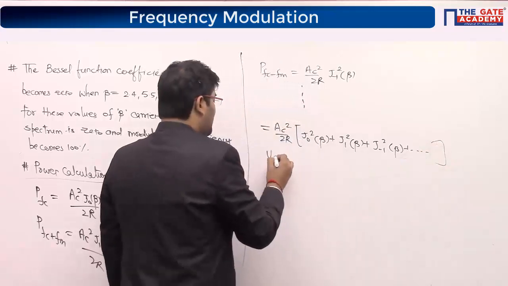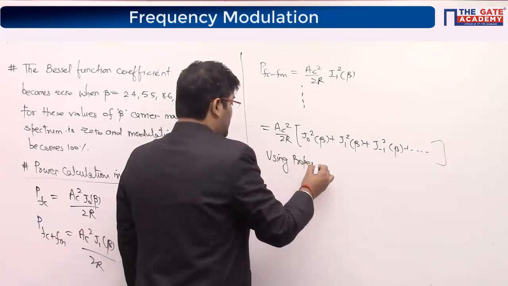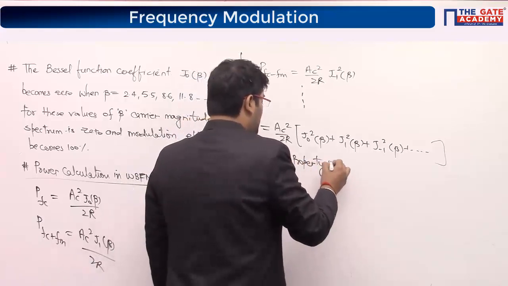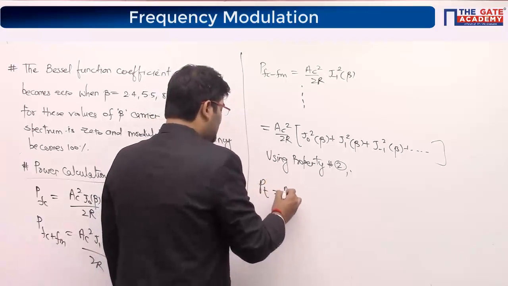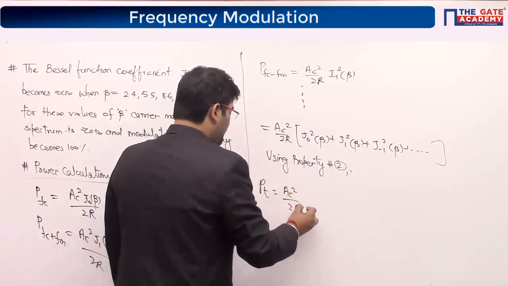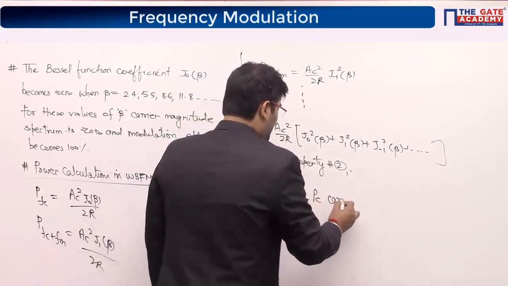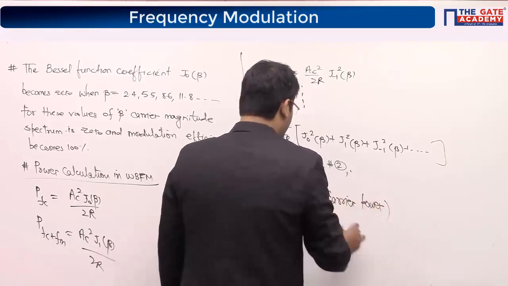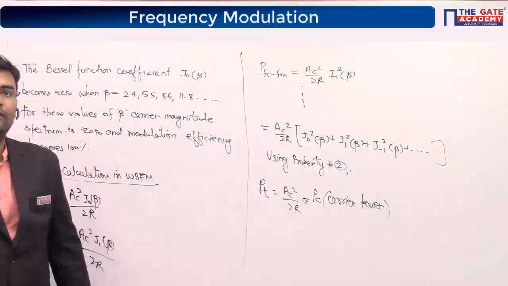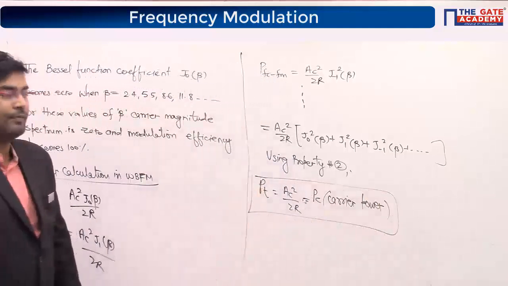So I can say that using property number 2, total power is just AC square by 2R, which is equal to carrier power. Look at this beauty, guys. That is just equal to carrier power. See.